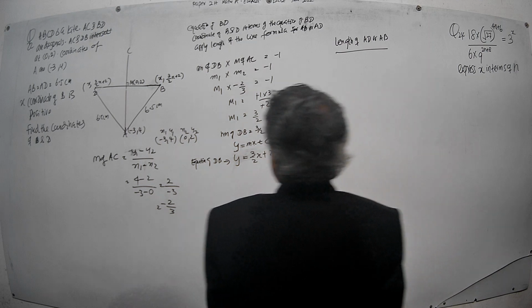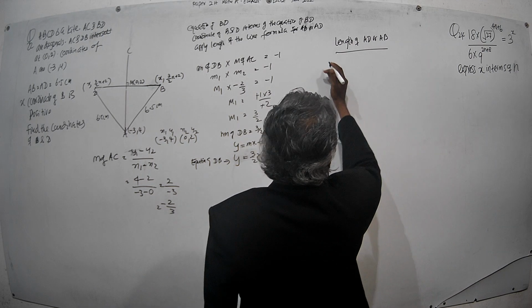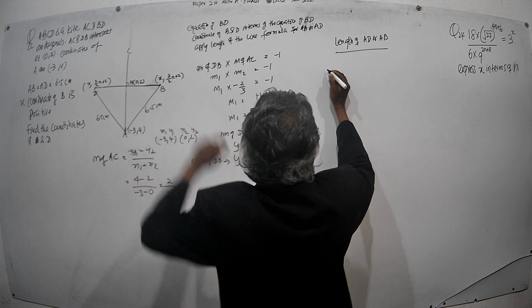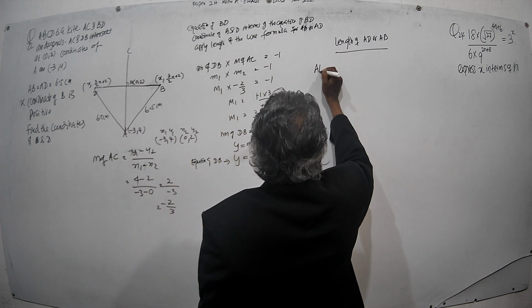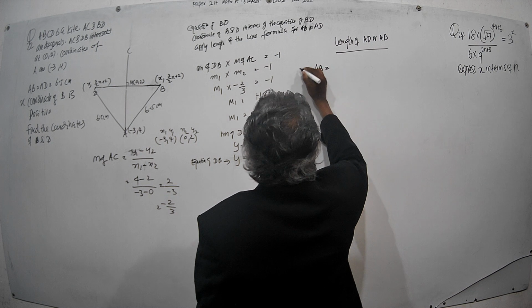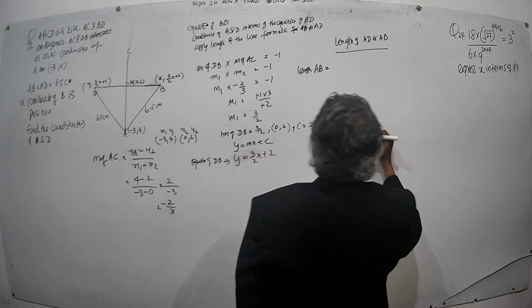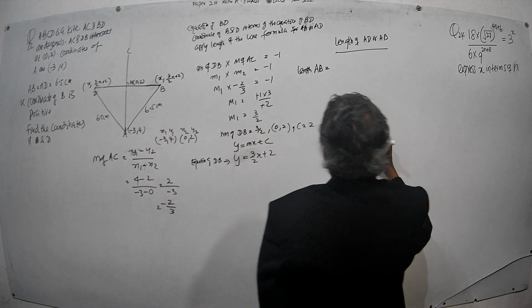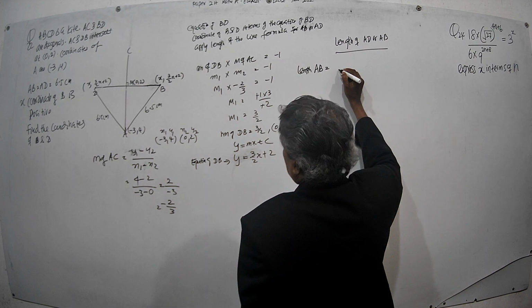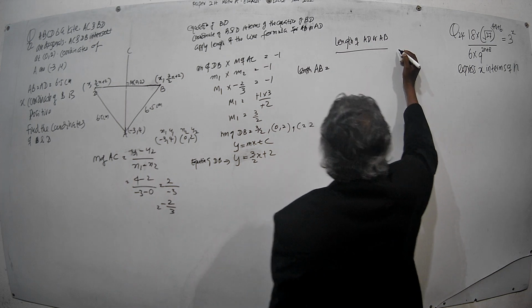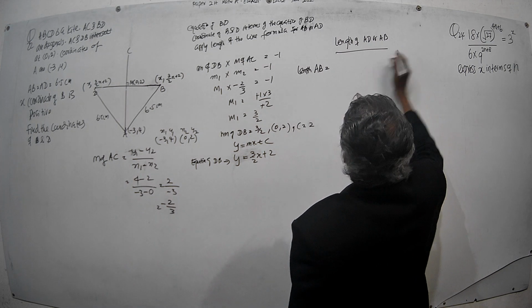Now, we write the length of the line formula. What is the length of the line formula? Let's say the length of AB equals... there is a formula. We will take these two points; we need two points.